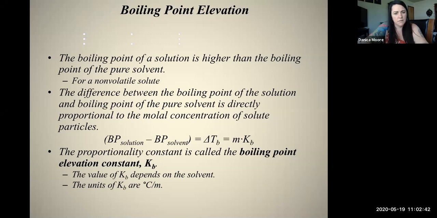Technically, so annoying that my shortcuts don't work. So it should be delta T is equal to I times the molality times kV, right?